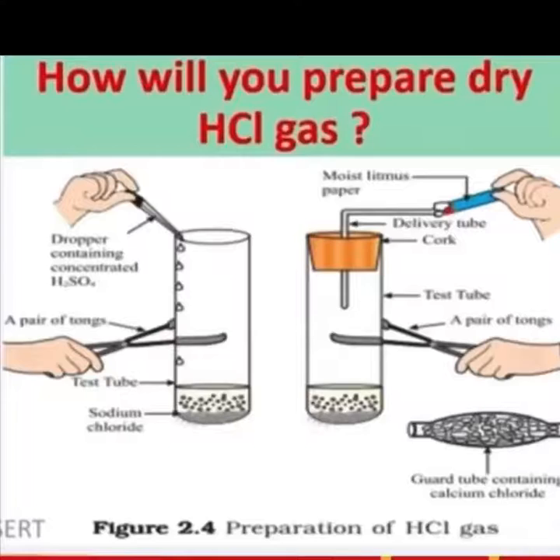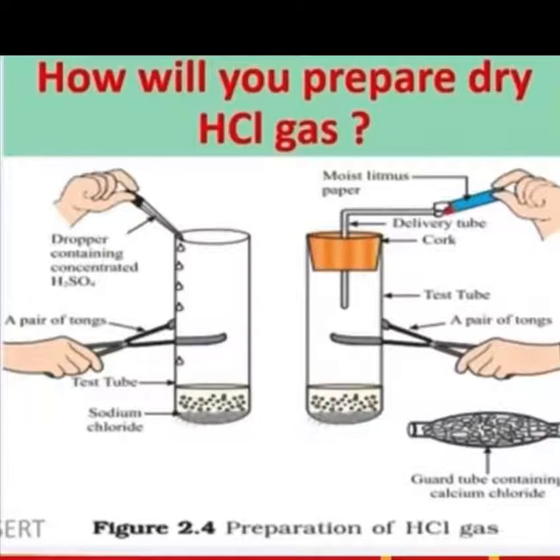Okay. Next topic is how will you prepare dry HCl gas? If you observe this diagram very carefully, you can understand how you will prepare dry HCl gas. First you have to take concentrated sulfuric acid in a test tube.